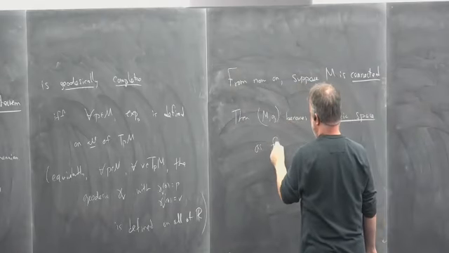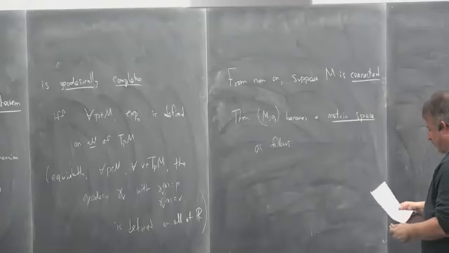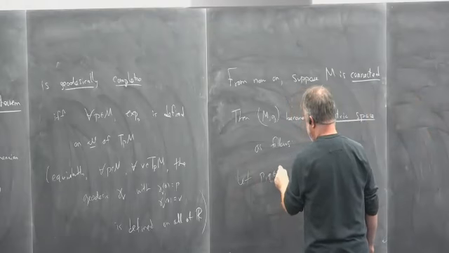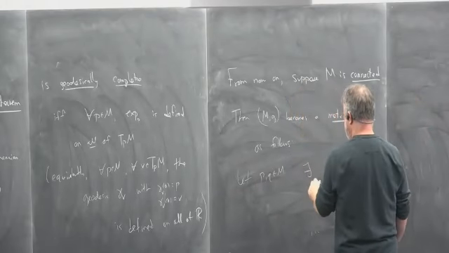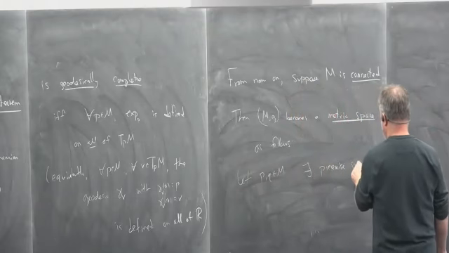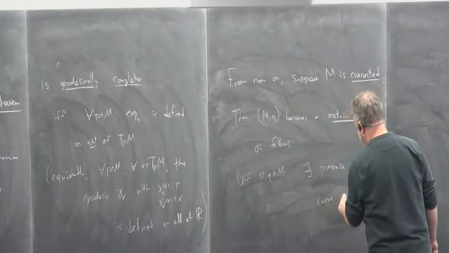I have to define a distance function and prove that it's a distance function. So let p and q be in M. There exists a piecewise smooth curve joining p to q.